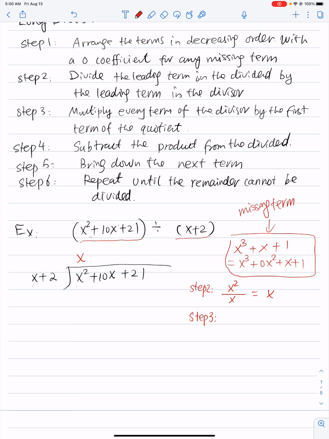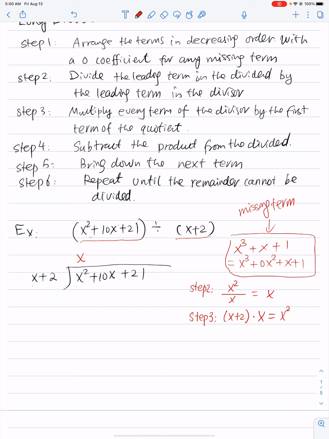Step 3, multiply every term of the divisor by the first term of the quotient. So multiply every term of the divisor, x plus 2, times what? x. So what do we have here?